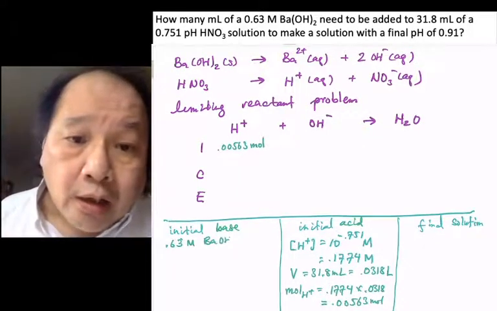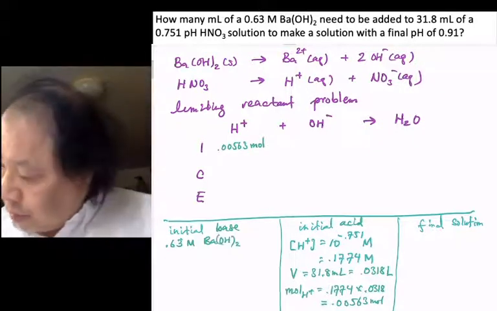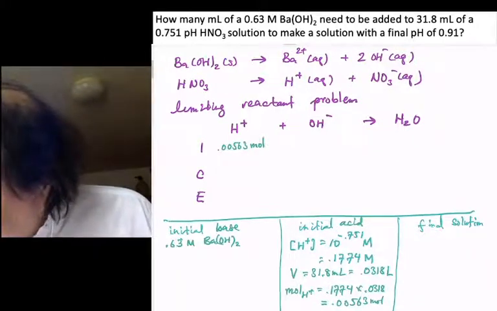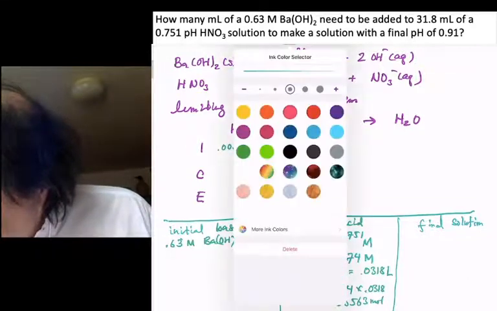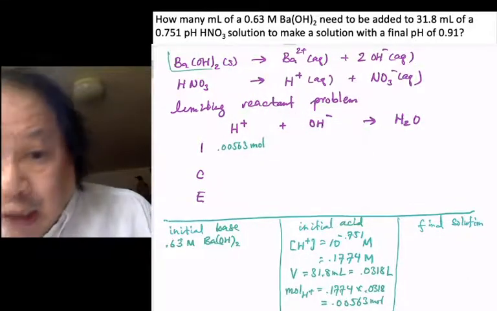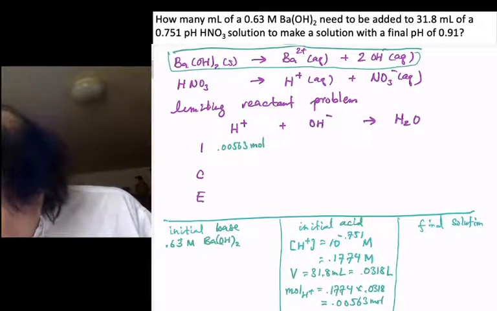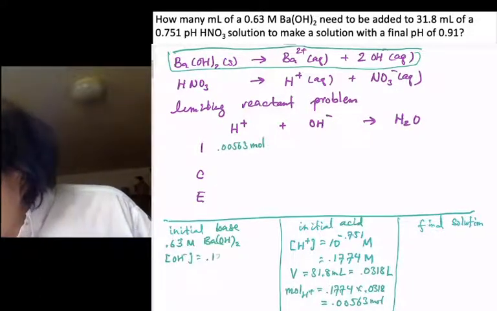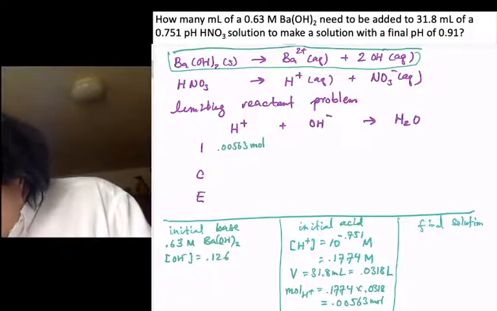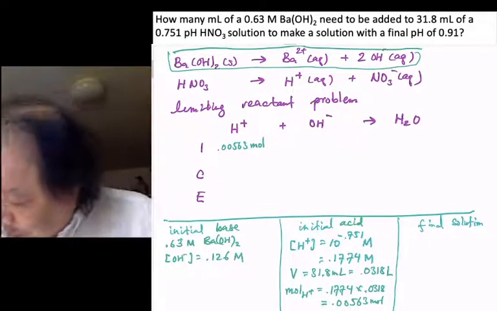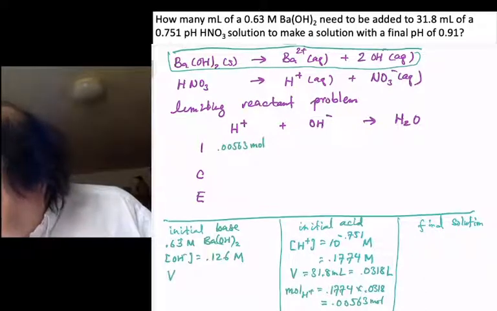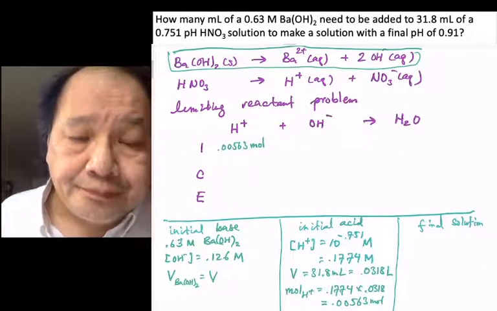For every 1 Ba(OH)2 we make, according to this reaction right here, we make 2 OH minuses, so the OH minus concentration is double, 0.126 molar, and the unknown is its volume, the volume of the Ba(OH)2, which I'll just abbreviate as V.